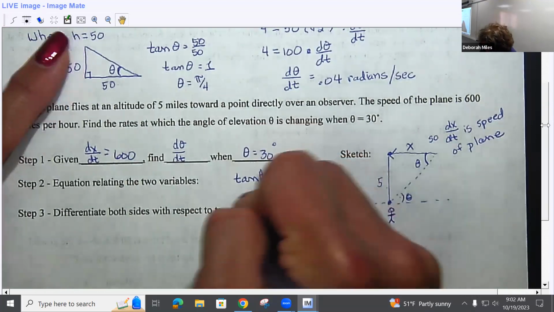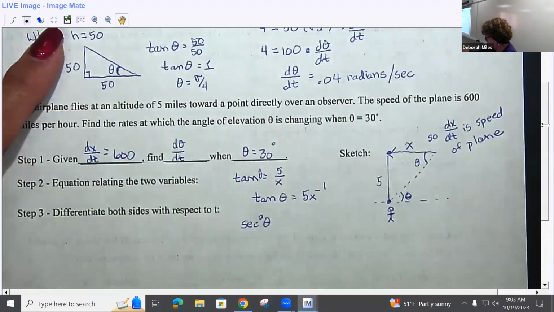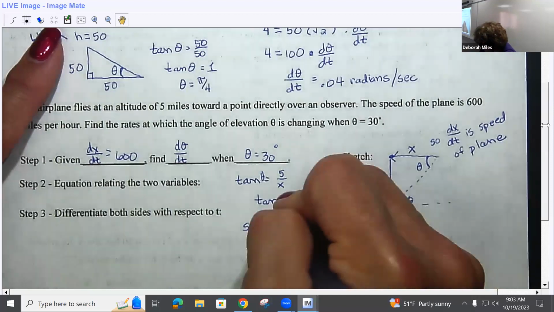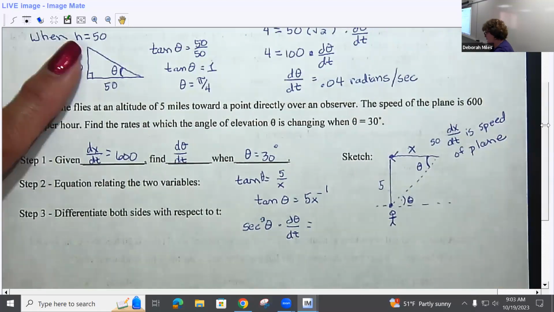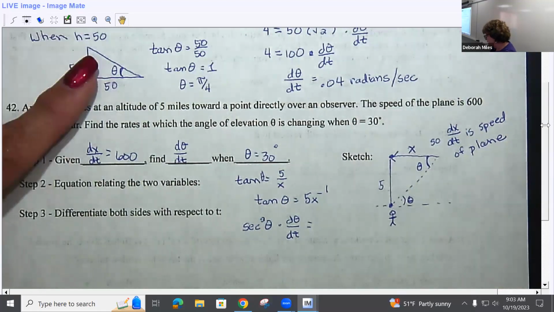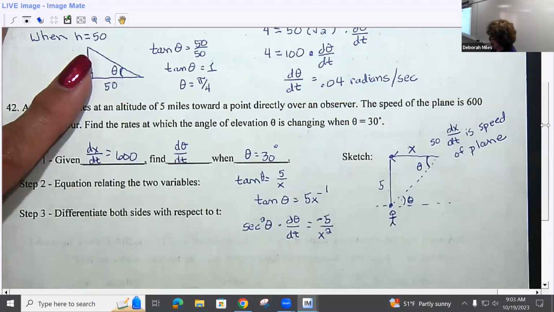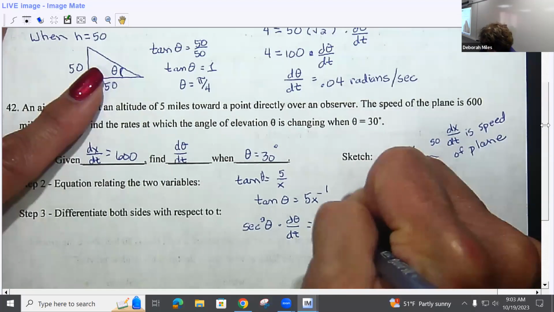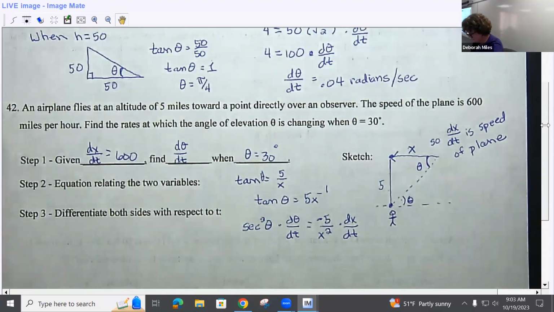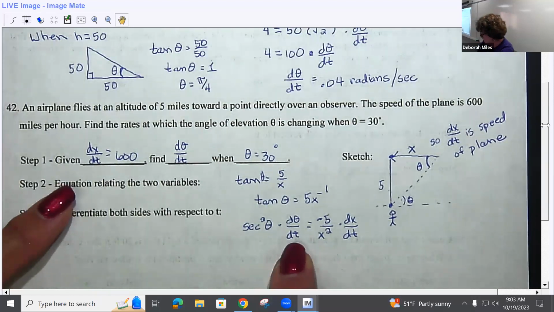Derivative of the left-hand side would be secant squared theta times d theta over dt. And the derivative of the right-hand side would be negative 5 x to the negative 2, or I could write it negative 5 over x squared, times dx over dt. I'm solving for d theta over dt.